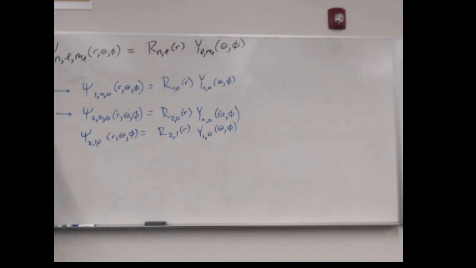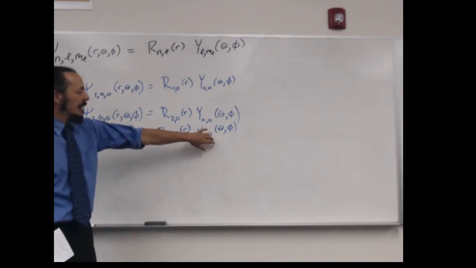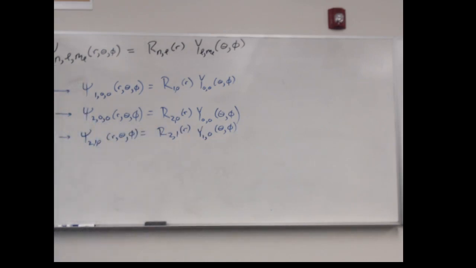Since our n is still the same, that becomes our 2pz. Right? Because that m sub l equals 0, that's going to give us everything in terms of just the z component.